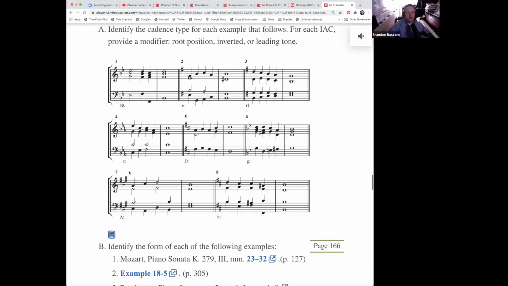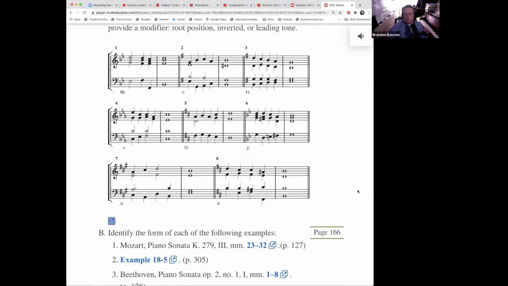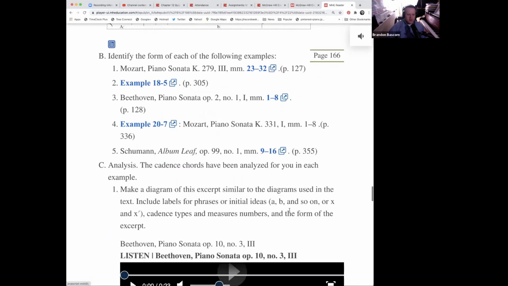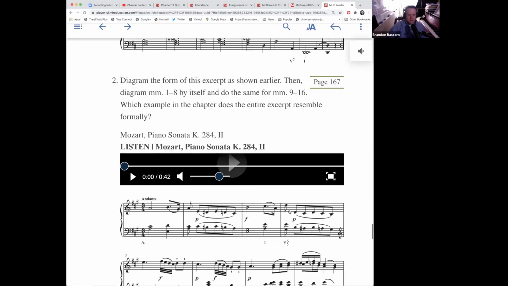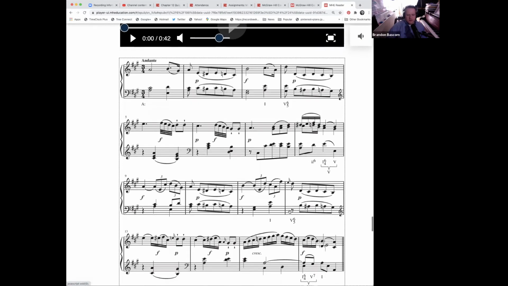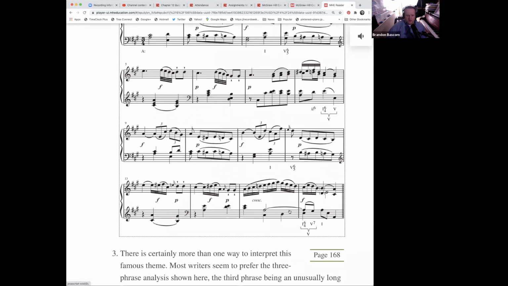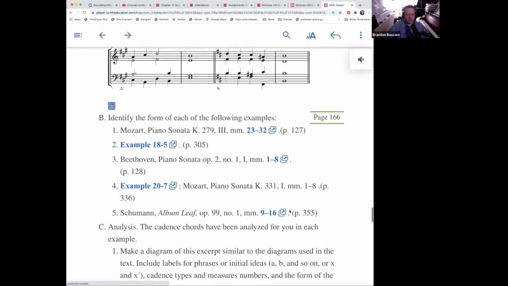All right, so yeah, it'll be something like this. You'll get a piece of musical example like this, or like this. And it'll ask you which diagram matches. Also, be able to do something like this.